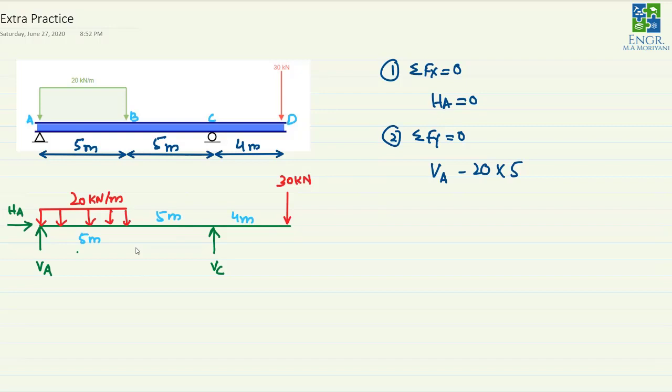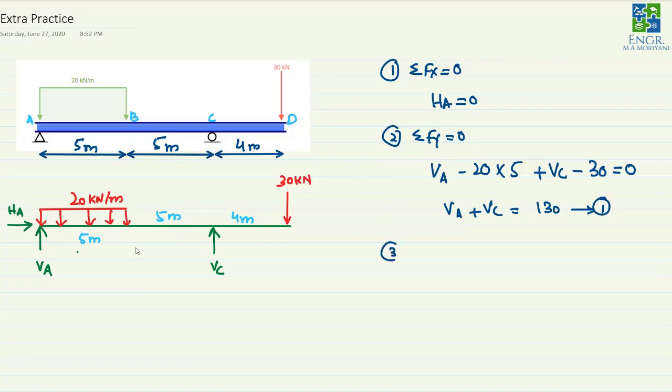Then plus VC and then minus 30, all equal to 0. From there we get the equation VA plus VC equals 20 into 5, which is 100, plus 30, so we get 130. This is our equation number 1.